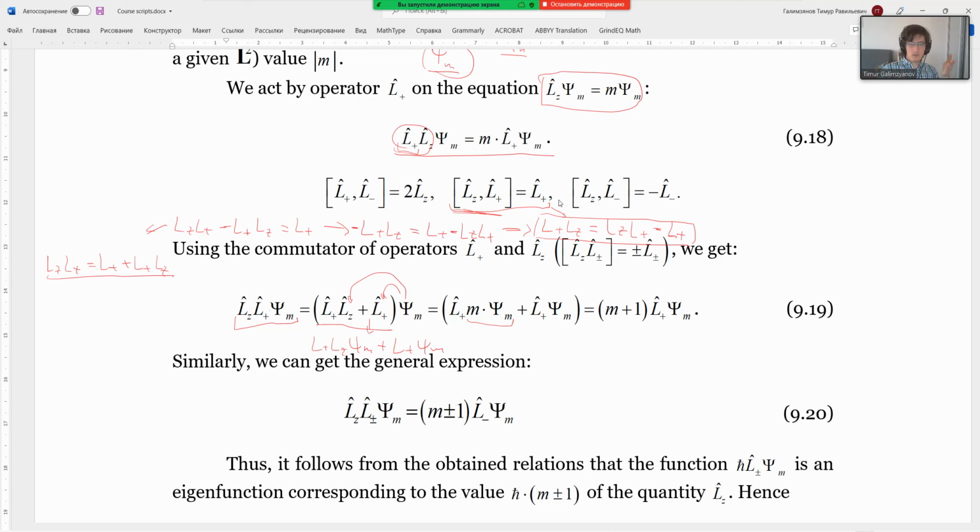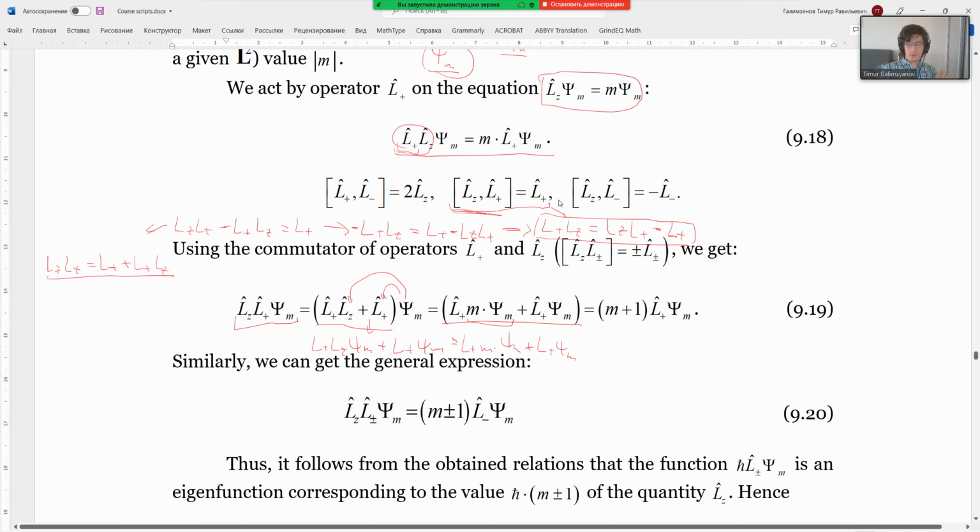That is why we can write that it equals L plus acting on m psi m plus L plus psi m, which is this parenthesis.